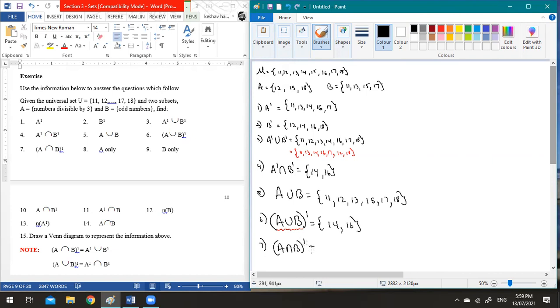But we don't have what is A intersect B. So we need to find out what is A intersect B. So A intersect B will be the common element between A and B, and in this case it is 15. So that means if we cross 15 out of the universal set, we'll have to write all the other elements. So 11, 12, 13, 14, we're not using 15, 16, 17, and 18.